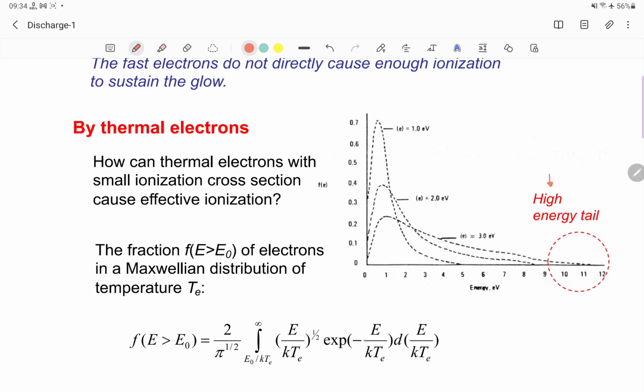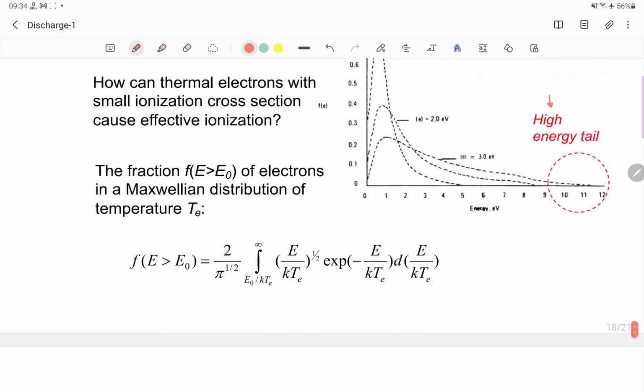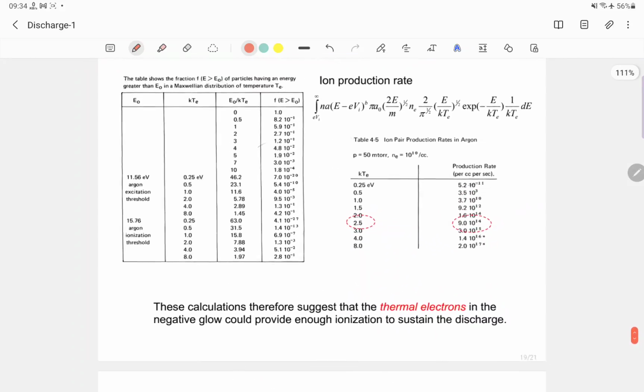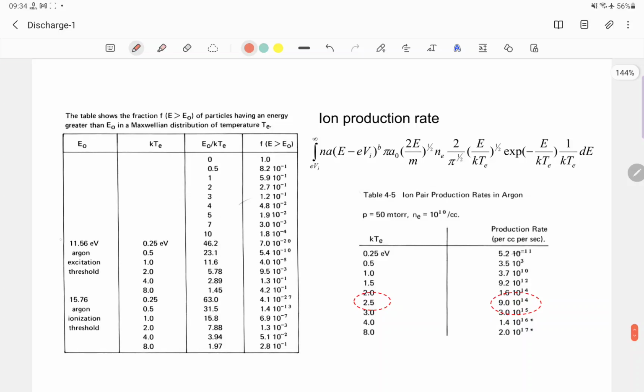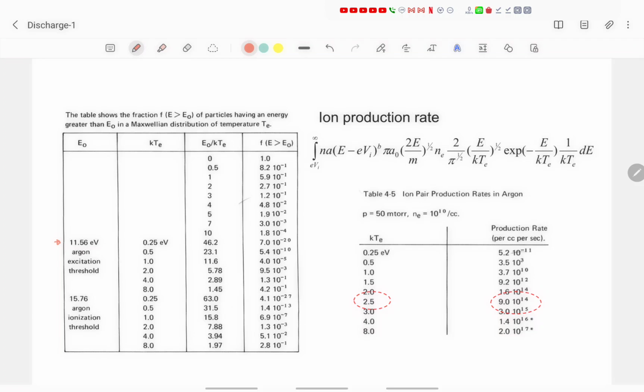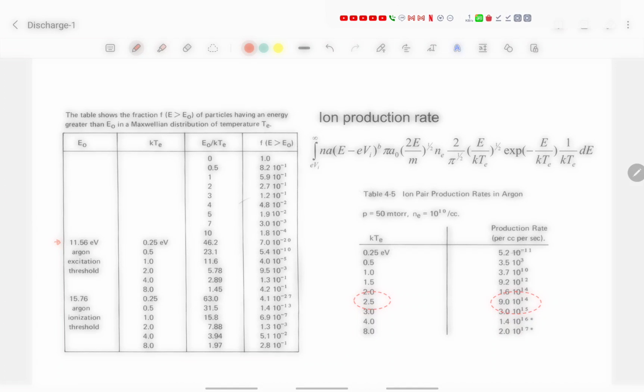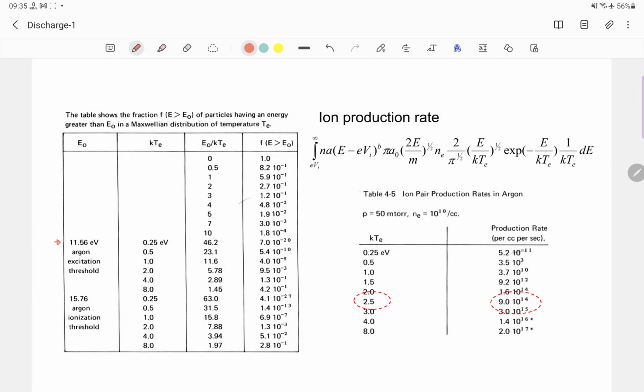Okay. So, for example, in argon plasma, one needs 11.56 electron volts to excite neutral argon from the ground state to an excited state. So the excitation process needs 11.56 eV in the argon discharge system.